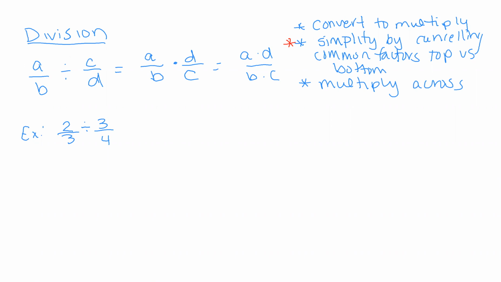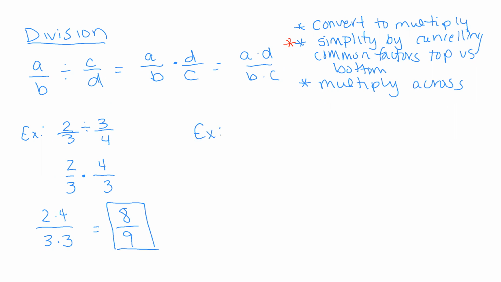So this is really 2/3 times 4/3. We flip that second fraction, and then we look to see if we have any common factors top to bottom. In the numerator, I have factors of 2 and 4. In the denominator, I only have factors of 3, so nothing cancels top to bottom. I just multiply across. I get 2 times 4 over 3 times 3, or 8/9, and that's my final answer.